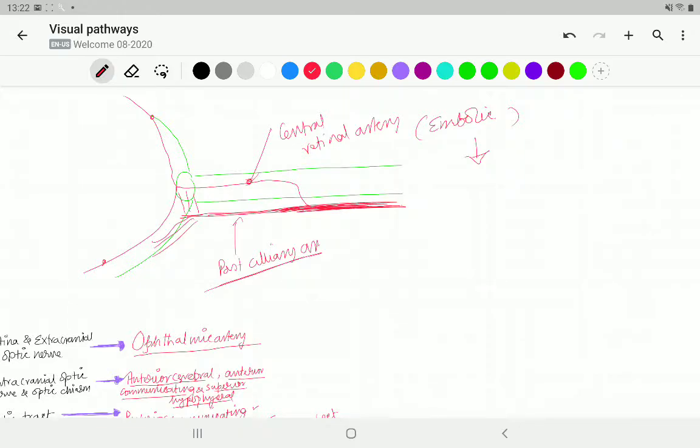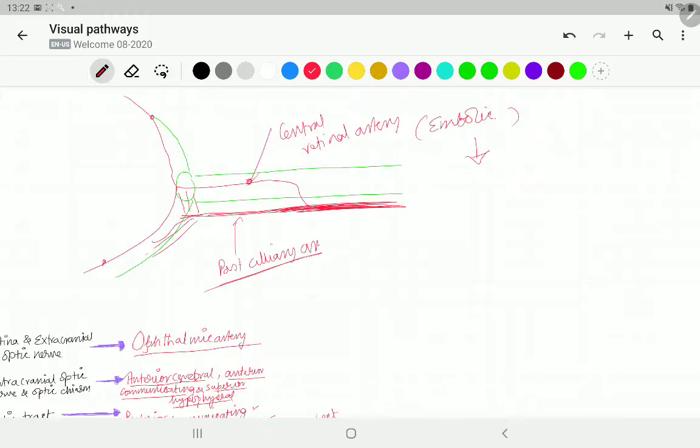But the undersurface, which is supplied by the ciliary arteries, and the other structures of the eye below the retina will still be completely vascularized.